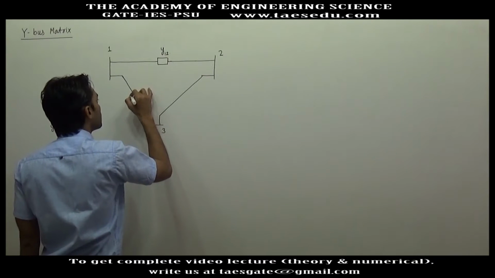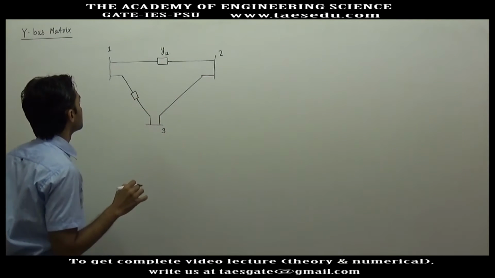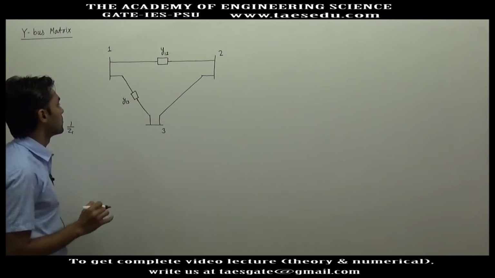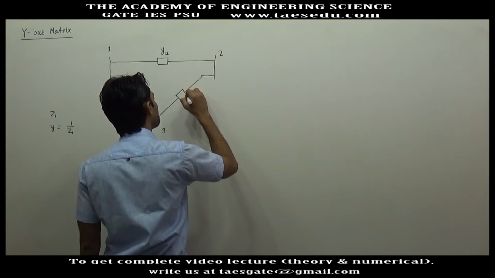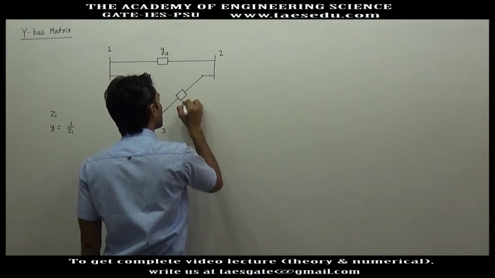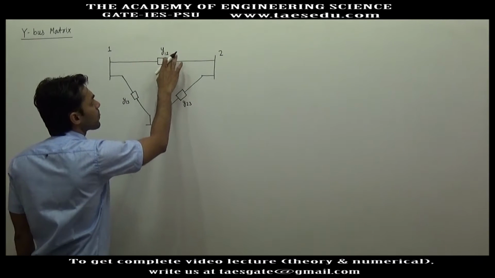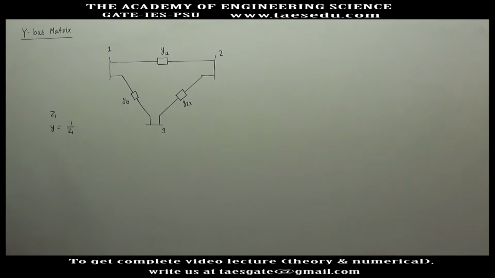Similarly, here we will have an admittance, and its name will be Y13 because it connects bus 1 and 3. And here we will have Y23, or this can also be called Y21. Y21 and Y12 are the same.